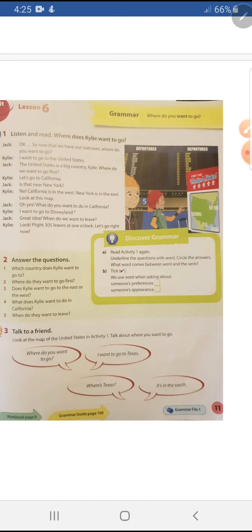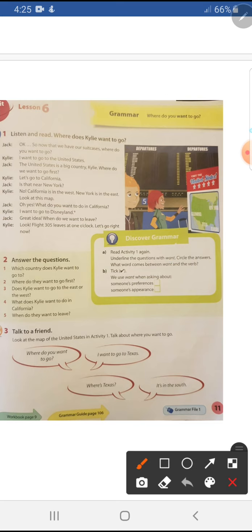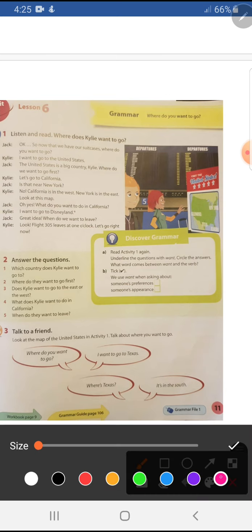Here, underline the questions with want. Let's do it together. Okay, underline the questions with want. Here in this dialogue, we have: where do you want to go? So, where do you want to go?